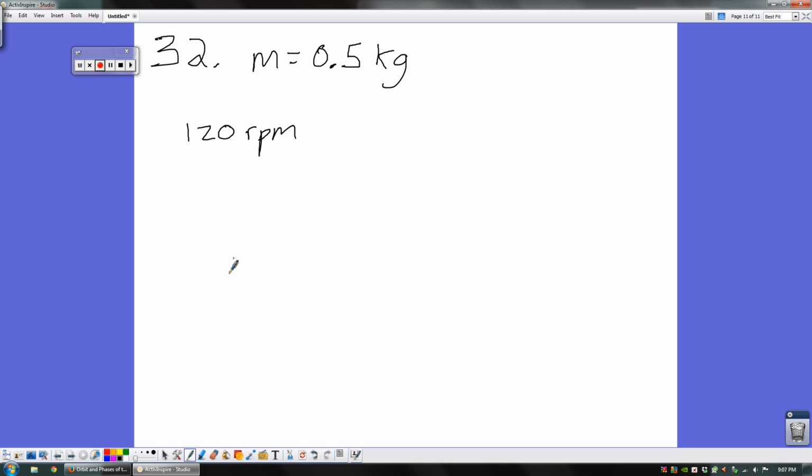So we have the axle, 1 meter, 1 meter. We have the total mass, and the distance from here to the outermost bit. We have RPM, and I want angular momentum.